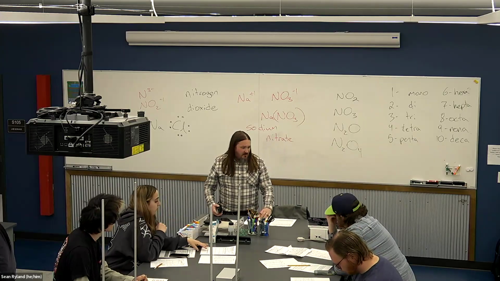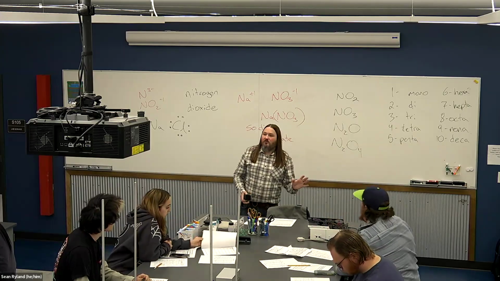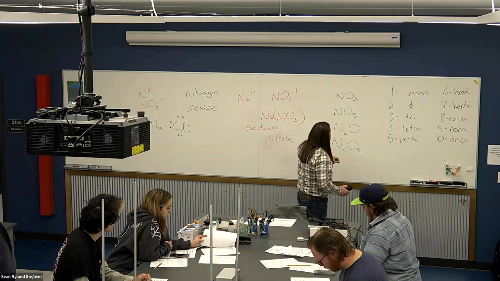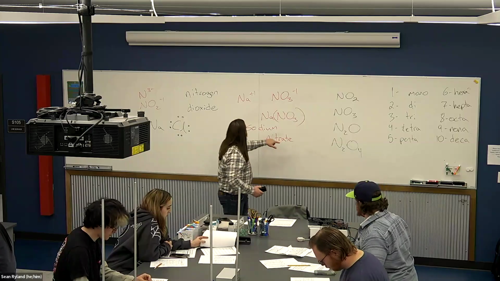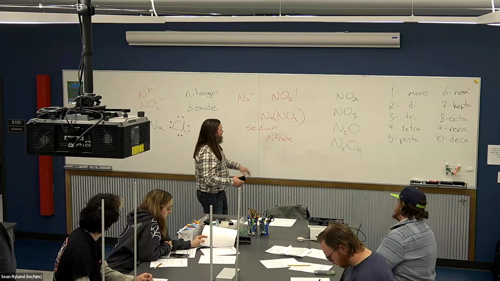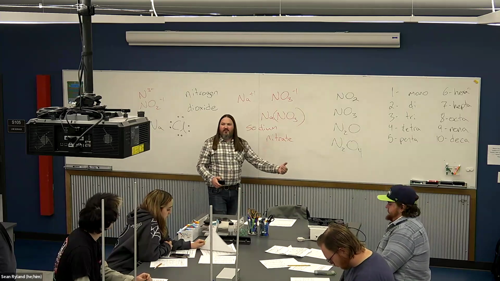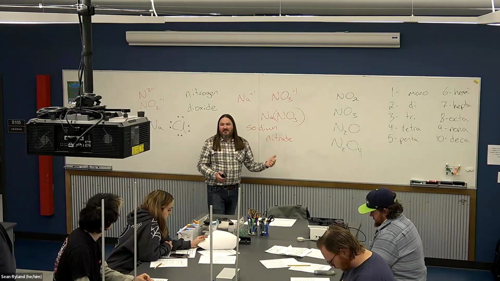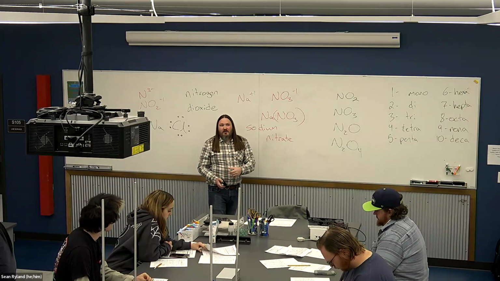And I'm going to say this again in lecture on Wednesday, so you'll hear it twice. But there's a connection between ates and ites. If you look at these, there's a bunch of different places. You've got nitrate and nitrite. You've got sulfate and sulfite. You've got phosphate and phosphite.